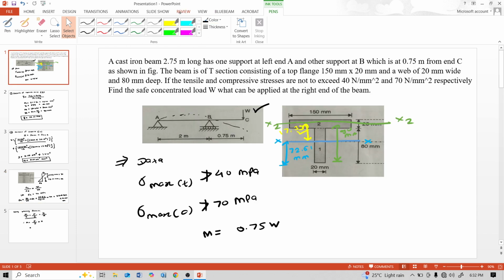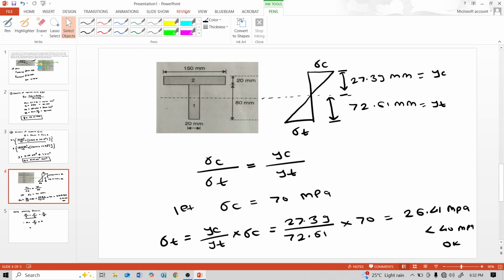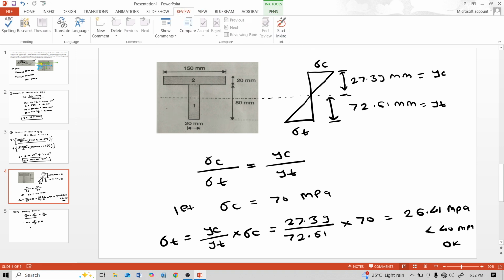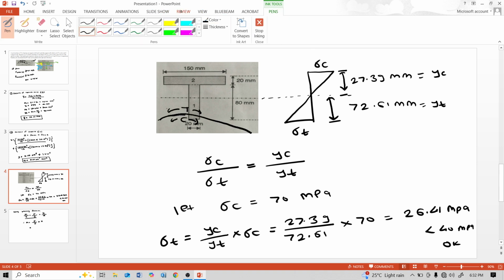See, if this beam deflects like this, a hogging moment is generated, and in a hogging moment, tensile forces act on the top side and compressive forces act on the bottom side. So here, this top stress is tensile stress, sigma T. Sorry for that.